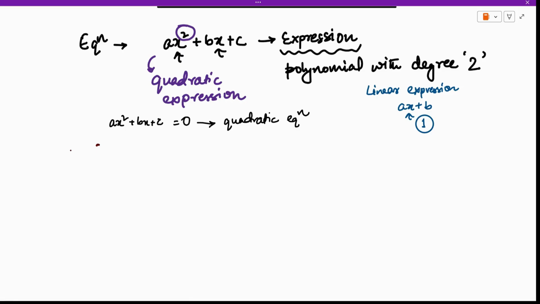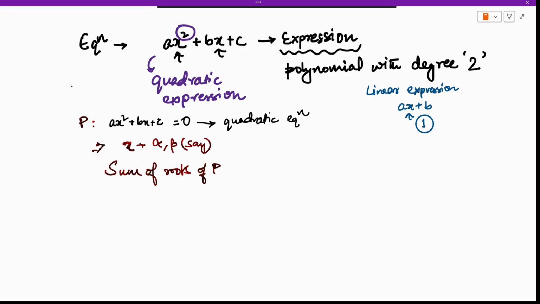So you can find the sum of roots. So x will be having two solutions, right? Alpha and beta, say. So if x is having two solutions, we can find the sum of roots. So sum of roots of, say, this is the expression, say p.